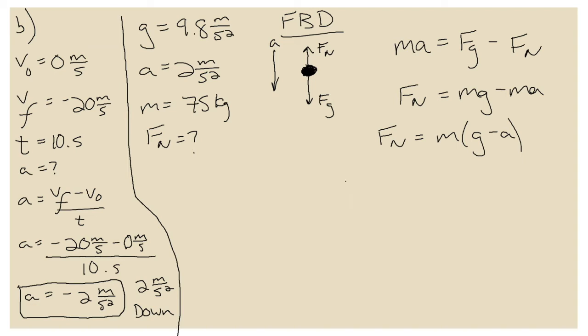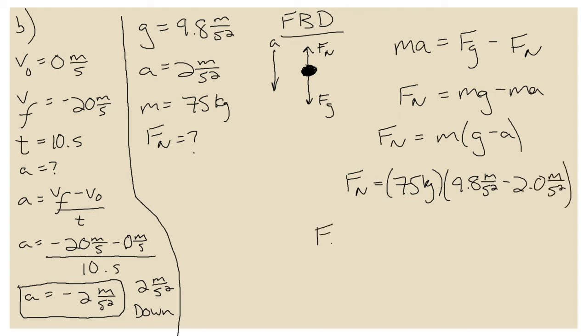And so I have Fn equals the mass, 75 kilograms, times 9.8 meters per second squared, minus 2.0 meters per second squared. And so essentially my normal force here is just going to be 75 times 7.8 meters per second squared, because I'm taking 9.8 meters per second squared and subtracting 2.